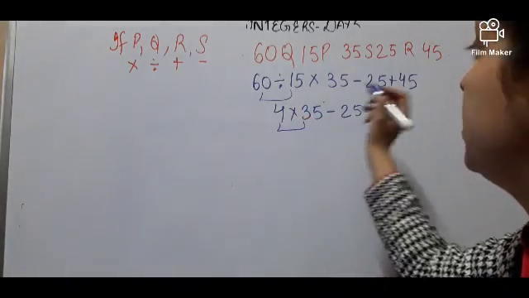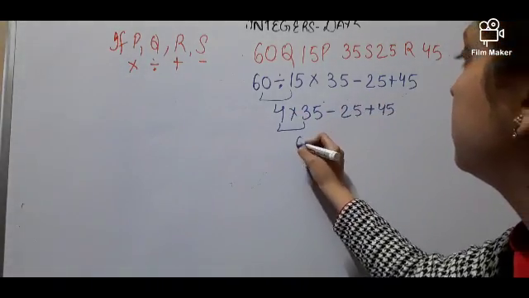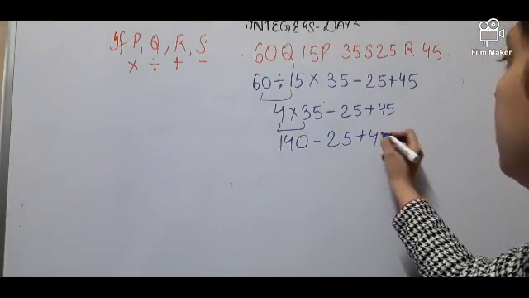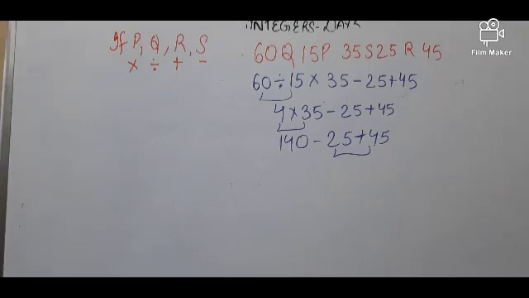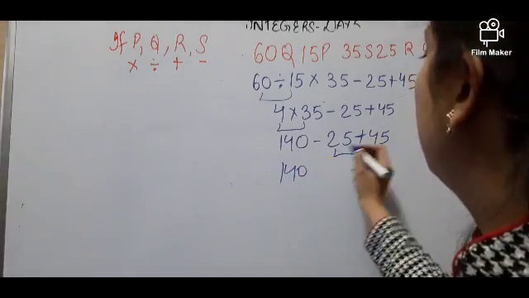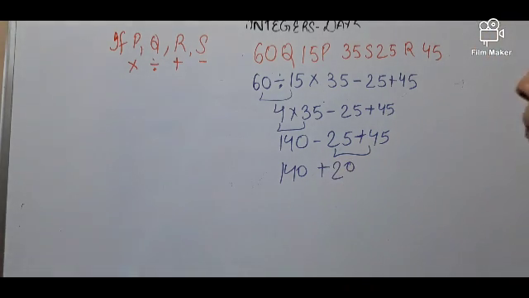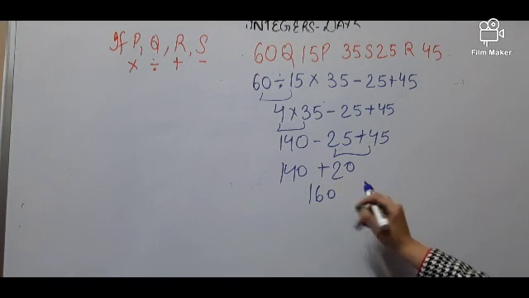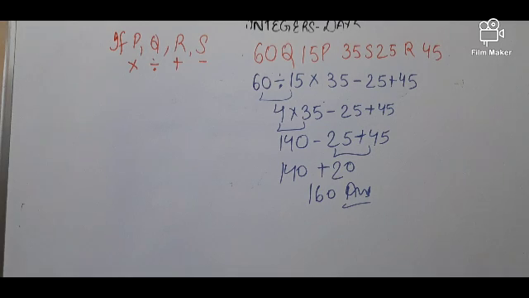Now do this multiplication. 35 times 4 gives you 140. Now do this addition. Plus and minus is minus. So 45 minus 25 is 20, and the big number is preceded by a positive sign, so positive 20 will be here, and finally positive 160 will be the answer.